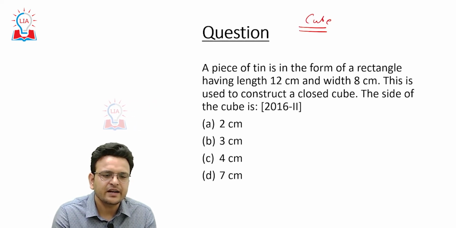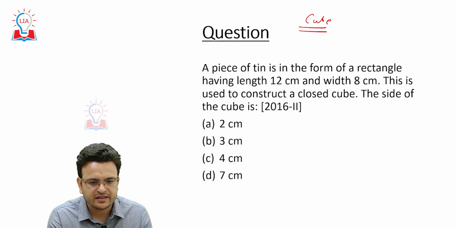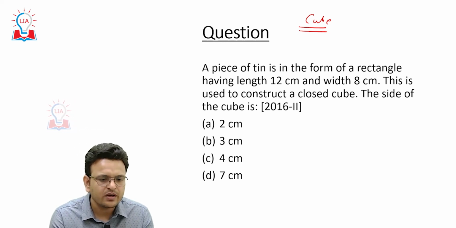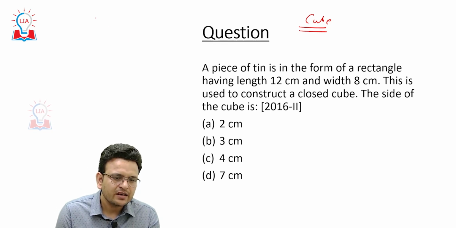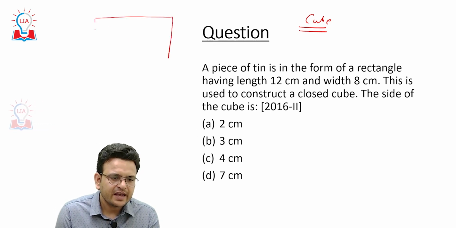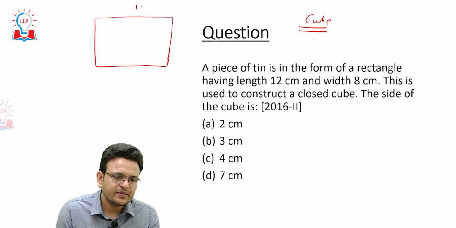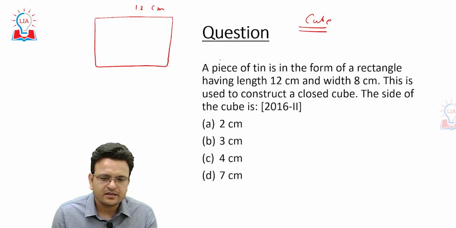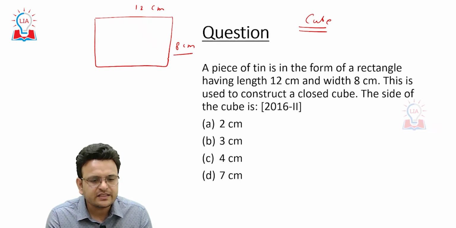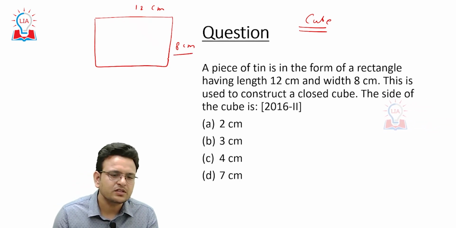Or we can say a piece of tin is in the form of a rectangle having length 12 centimeter and breadth 8 centimeter. This is used to construct a closed cube.